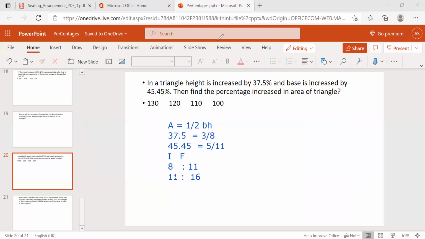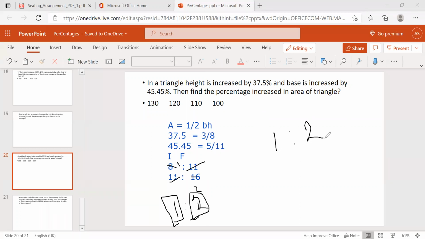This 11 and 11 get cancelled. And 8 ones are 8, 2s are 16. So the final ratio is nothing but 1:2. Initially 1, now it is 2. Then how much percentage increases here? Just tell me. See, initially it is 1.